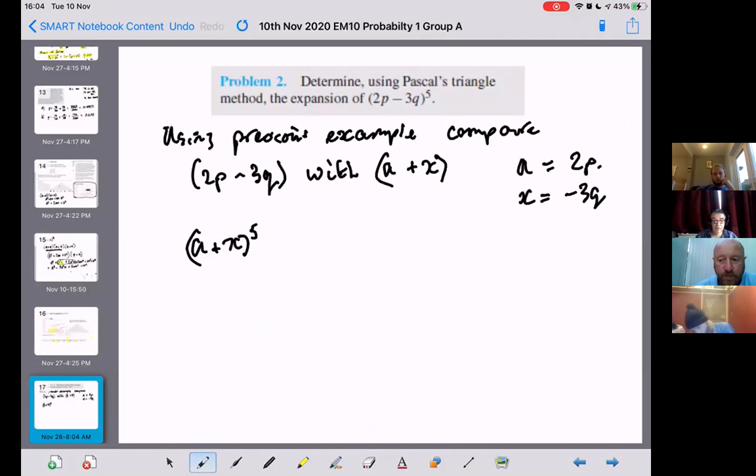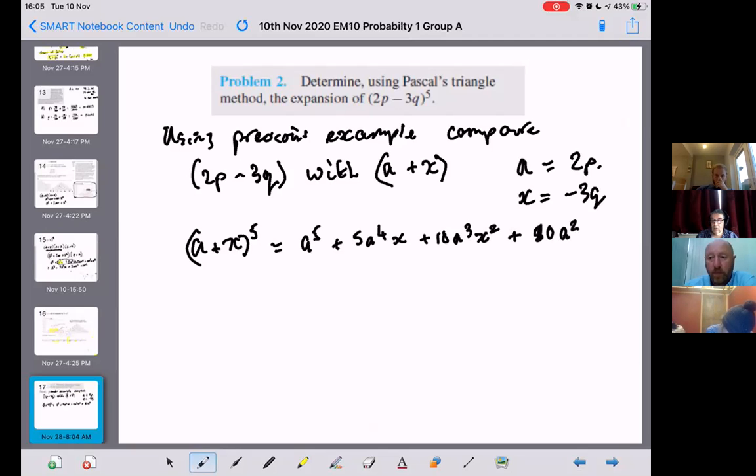a plus x to the 5 is equal to, from the previous example, a to the 5, plus 5 a to the 4 x plus 10 a to the 3 x squared plus 10 a squared x to the 3 plus 5 a x to the 4 plus x to the 5.